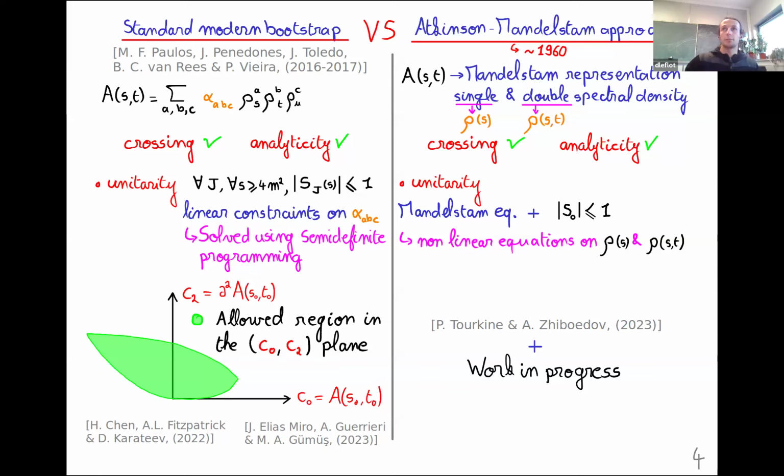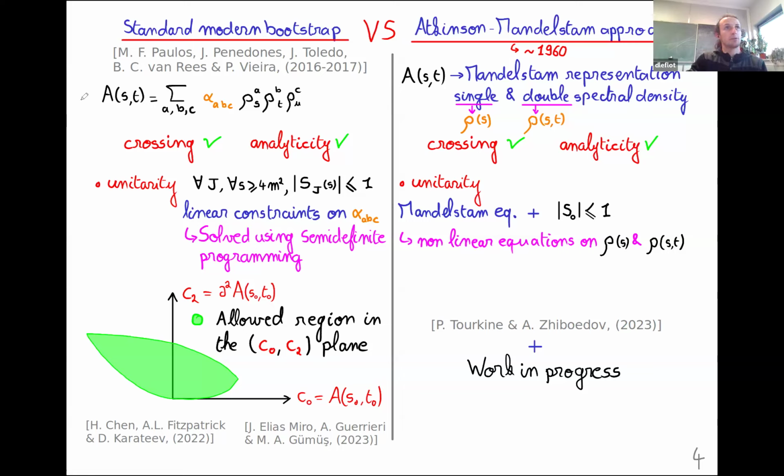This approach was proposed in the 60s, but back then, people were not able to apply this method to construct amplitudes because of the lack of computing power. I will first focus on the standard modern bootstrap method, and we will compare the two methods.